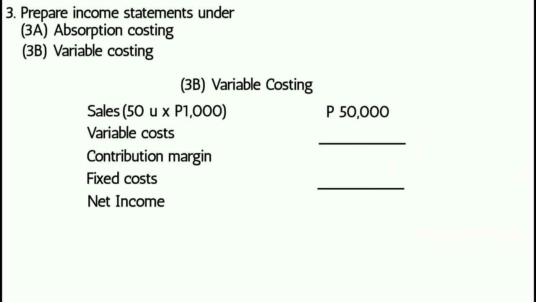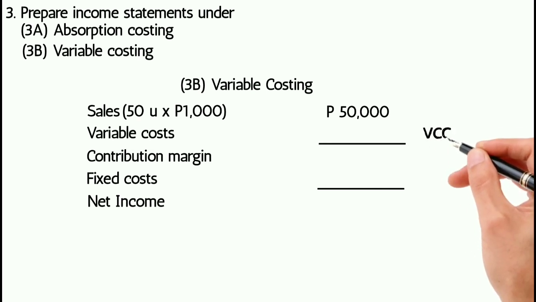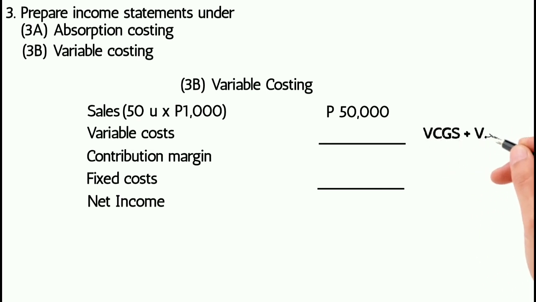Dito sa variable cost, ang included dito ay variable cost of goods sold at variable selling and administrative expenses. Para ma-compute yung variable cost of goods sold, kailangan nating i-multiply yung 50 units na nabenta sa 600 pesos na inventory cost per unit under the variable costing.